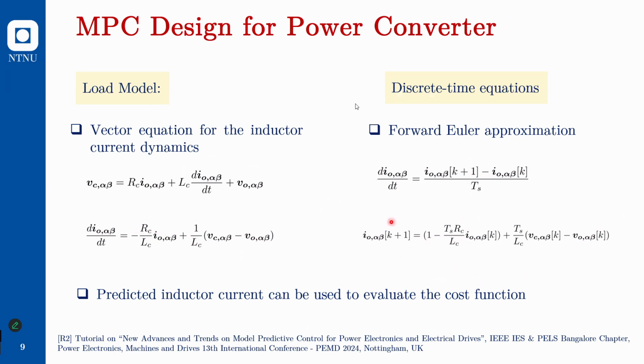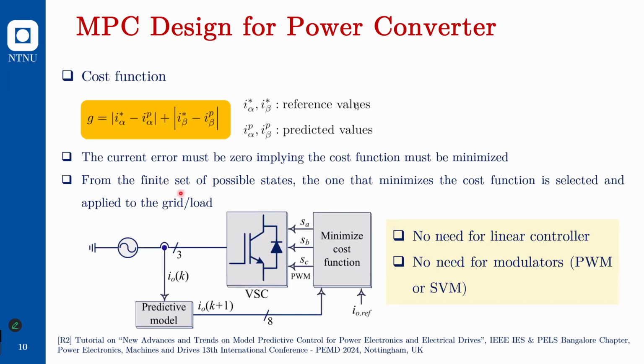This means we got the expression: we are receiving the control input at the kth instance, but we are predicting the current at the k plus 1 instance, right? So from the second step of the MPC, we will predict the control input and we'll use it to solve the cost function, which comes as the third part of the model predictive control.